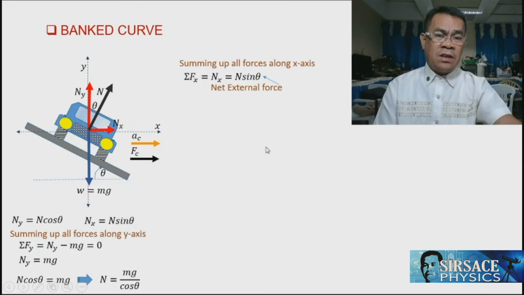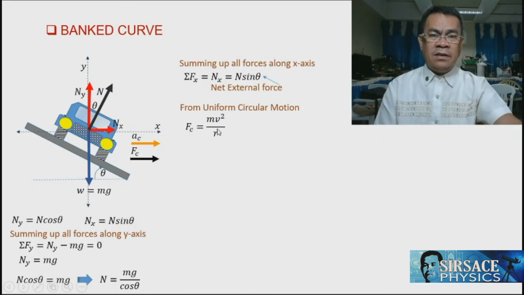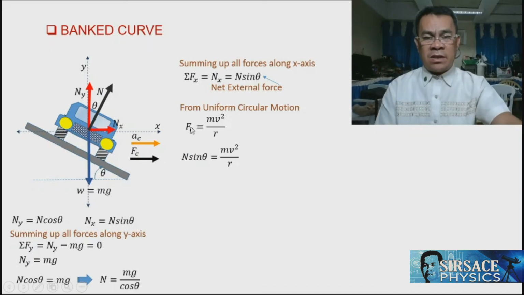We will use the uniform circular motion formula, and this is Fc equal to mv squared over r. Then take note that Fc is the centripetal force and this one is the net external force. This is the centripetal force, so this must be substituted here. So therefore, Fc becomes N sine theta equal to mv squared over r.